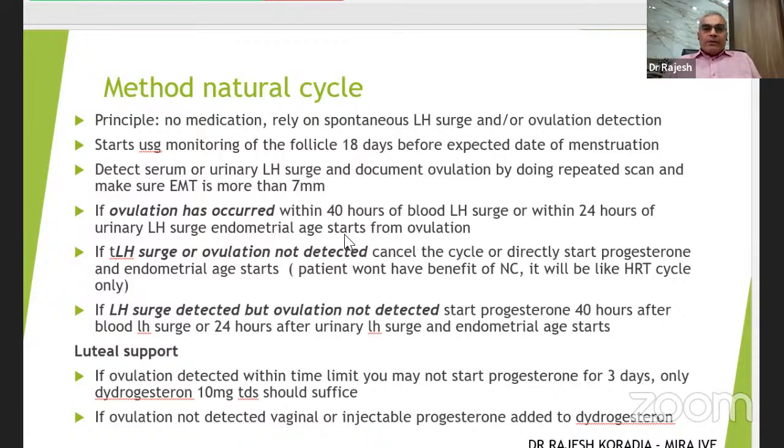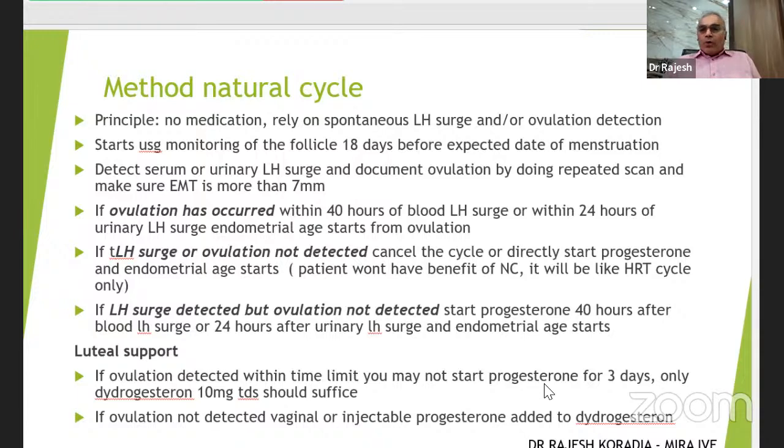If LH surge or ovulation is not detected, cancel the cycle or directly start progesterone, and the endometrial age starts. The patient won't have the benefit of a natural cycle, and it will be like an HRT cycle only. The third scenario: if LH surge is detected but ovulation has not been detected, start progesterone 40 hours after the blood LH surge or 24 hours after the urinary LH surge, and the endometrial age starts.